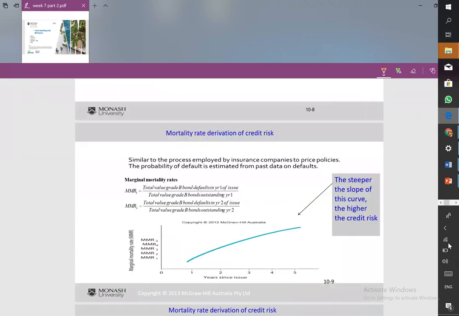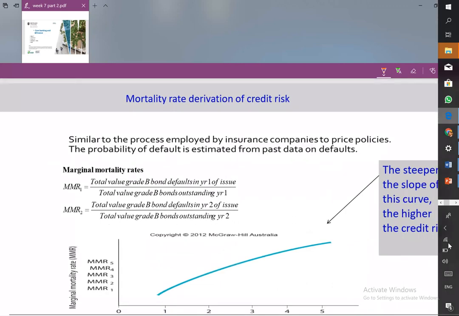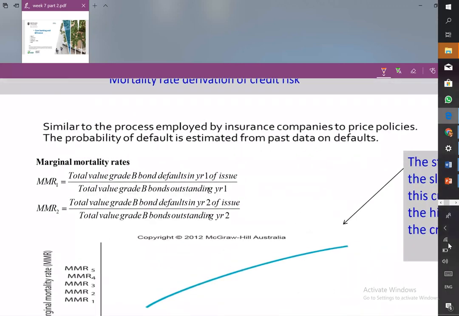For example, if we are interested in investing in class B, we take all of this class B, the total average bond defaulting over the total value of grade B. And we will see then the MMR. MMR is the marginal mortality rate, which means how fast this will die.